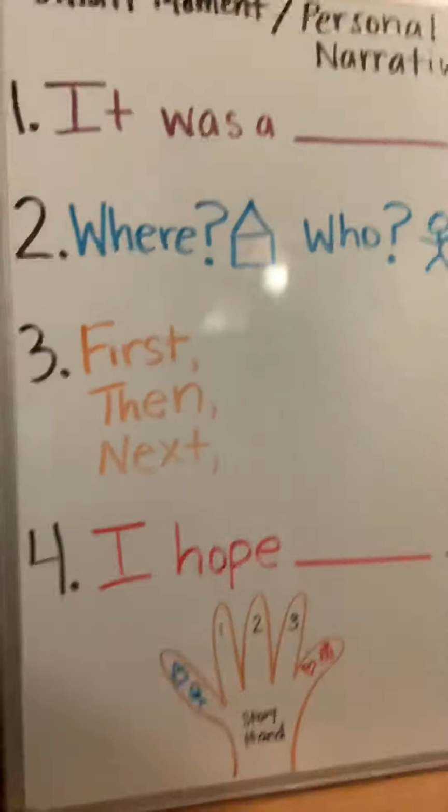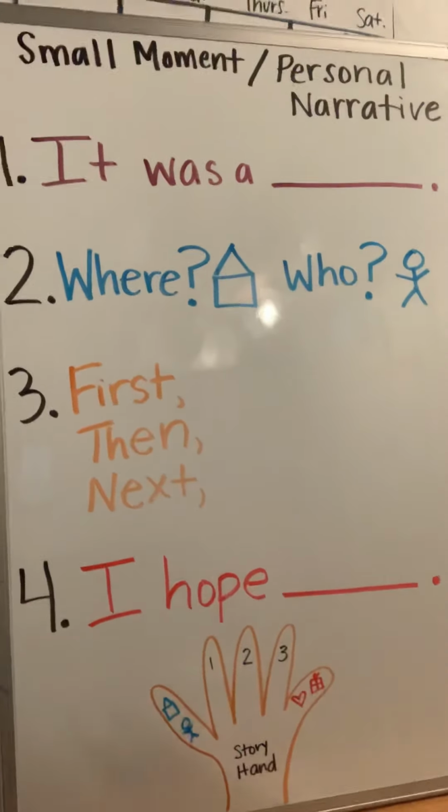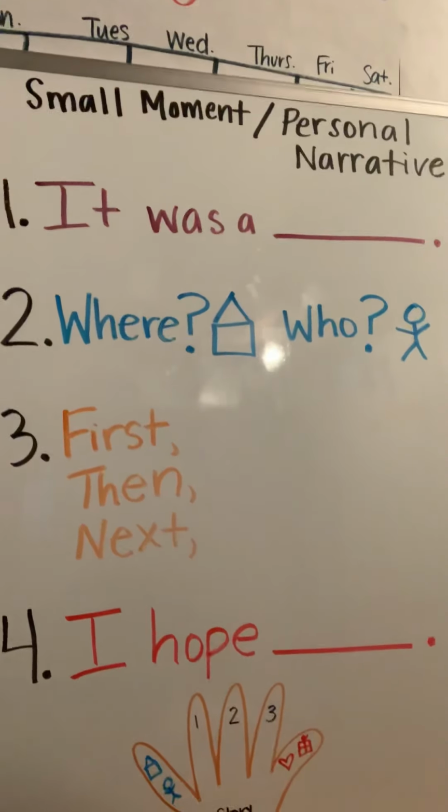And then, boys and girls, after you've done the beginning, the middle, then we wrap it up with an ending. And I just put this one up here, I hope. So you can end your story with, I hope this happens again. Or you can say something like, I hope we have fun again someday. Or some kind of ending with feeling to wrap up your story.